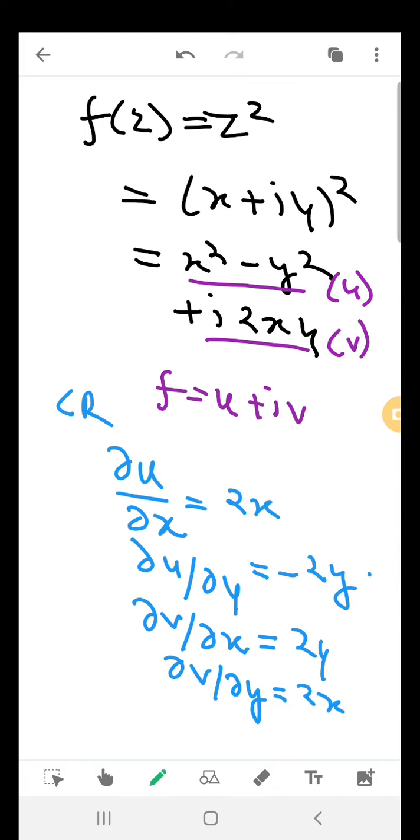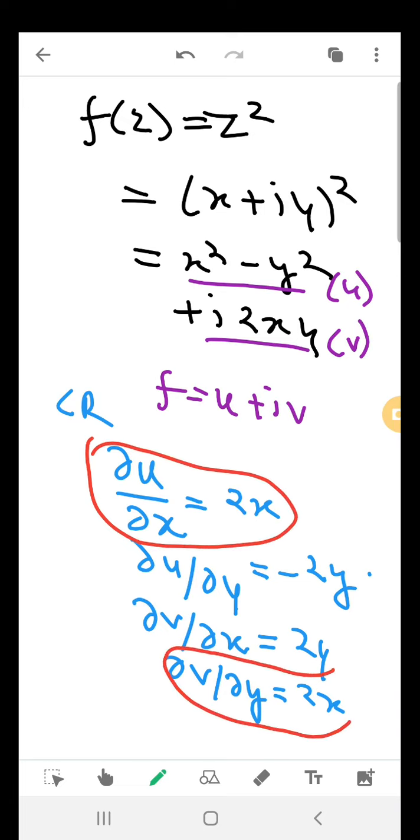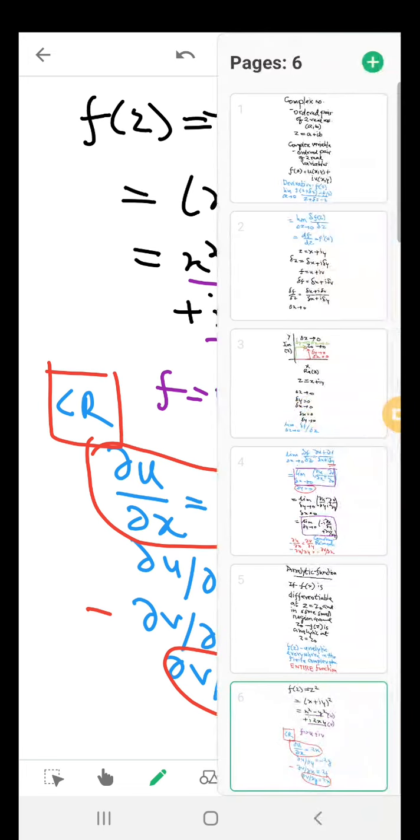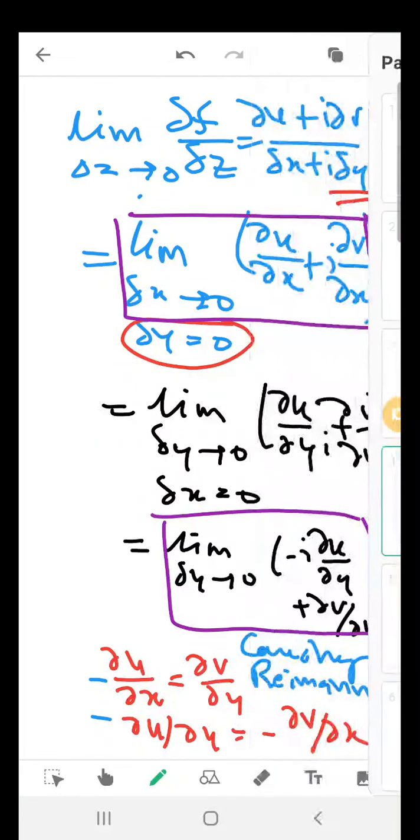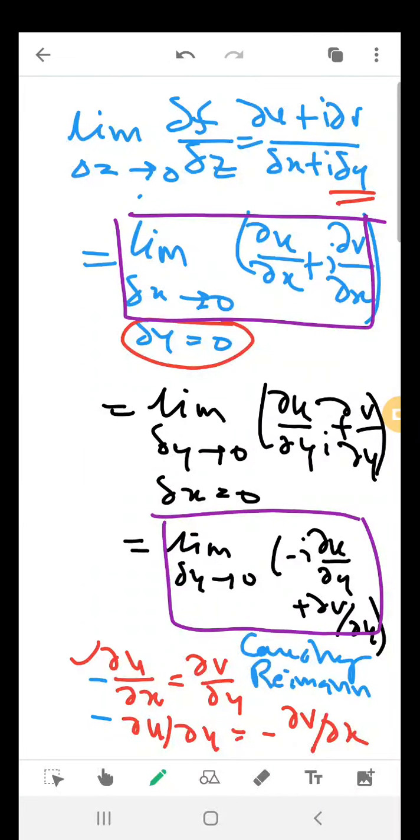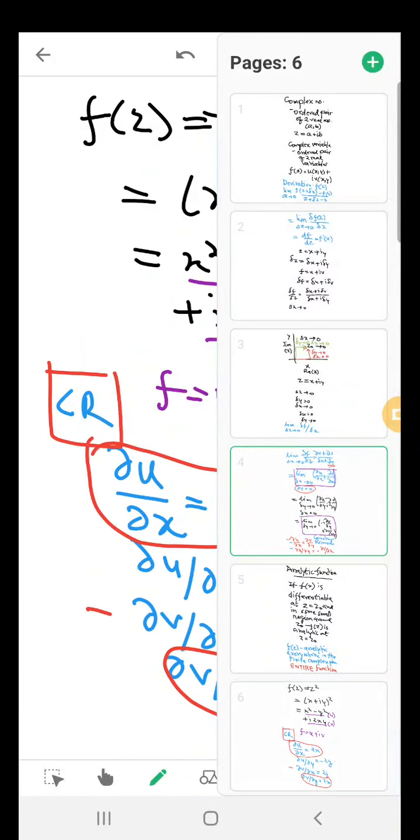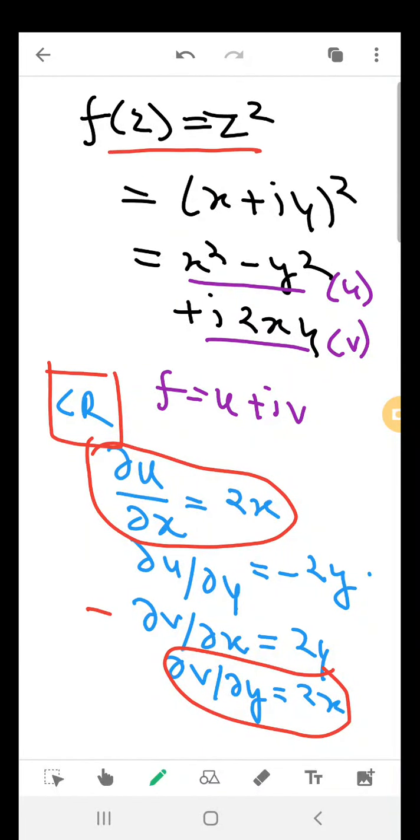So we can see that del u by del x is equal to del v by del y, and del u by del y is equal to minus del v by del x. It means that the Cauchy-Riemann condition that we just derived is getting satisfied. Hence, we can say that the function f(z) is analytic.